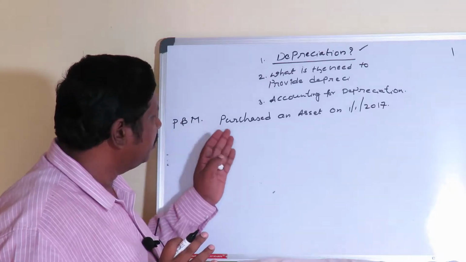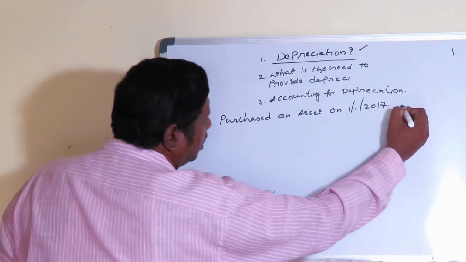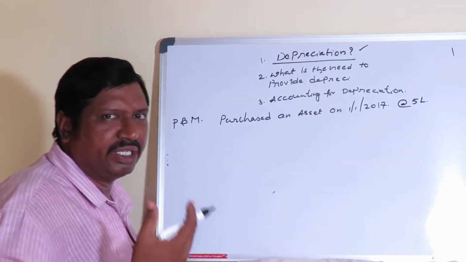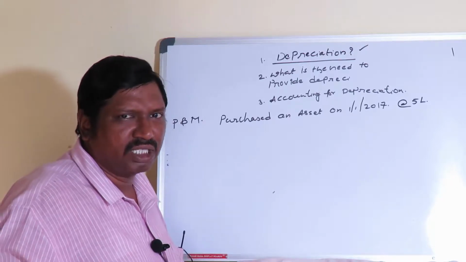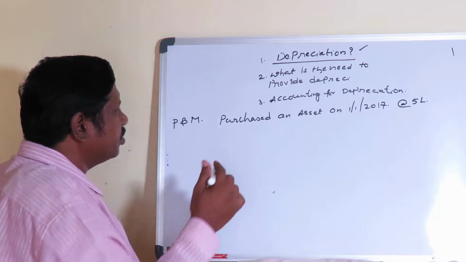Whether the plant and machinery purchased on 1/1/2017 at a price of 5 lakh will give you the same value if you would like to dispose of it on December 31st 2017?